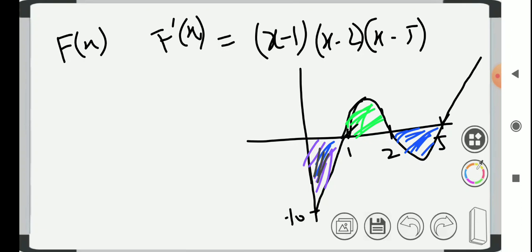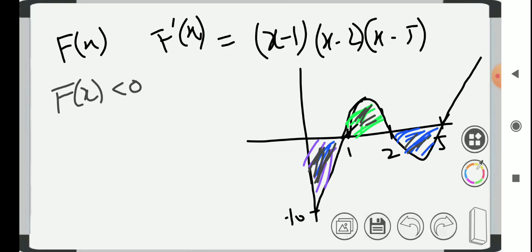You can easily see that from 0 to 1, F of x is already less than 0, because the graph is below the x-axis, and here it is positive, and here it is again negative. If the sum of the first two areas up to 2 were positive and the last is negative, then it should cut the x-axis at least once, that is, it should have a root in the interval 0 to 5.